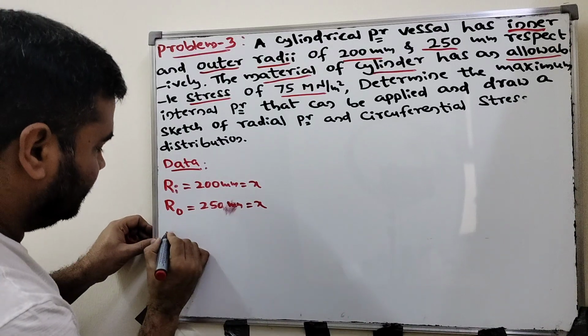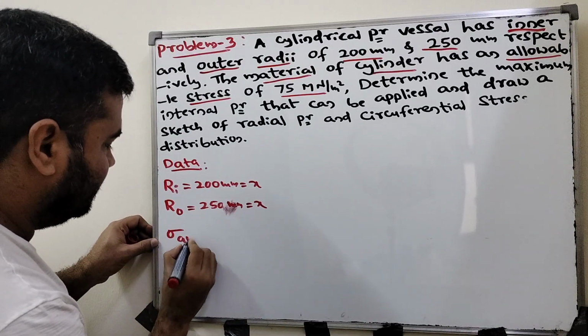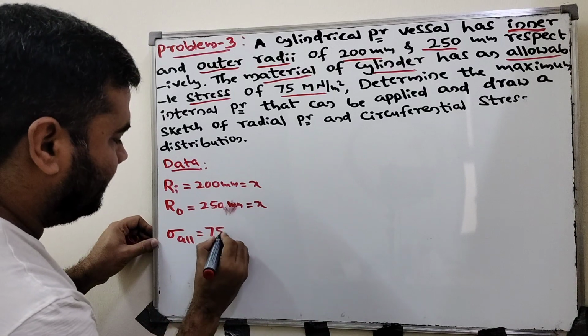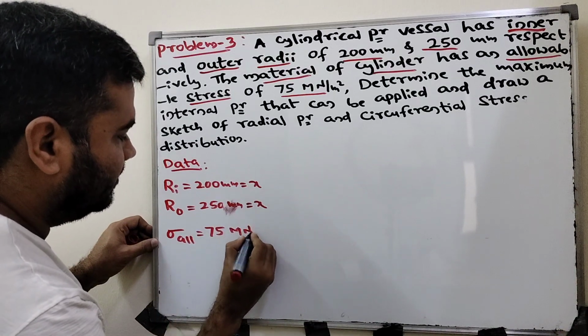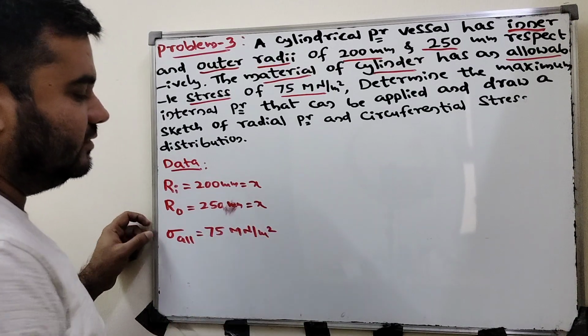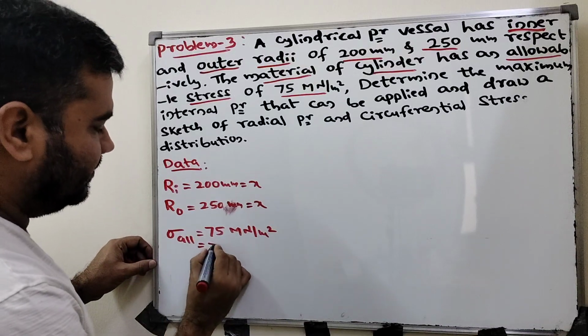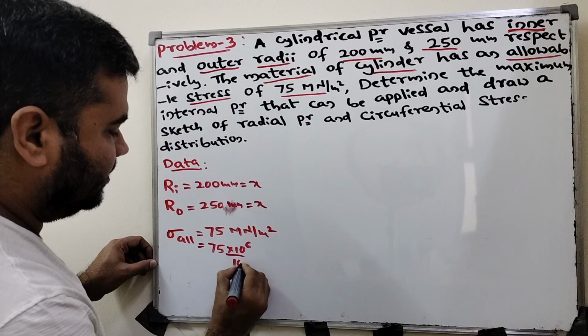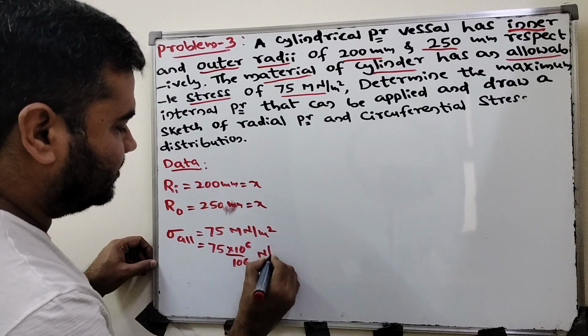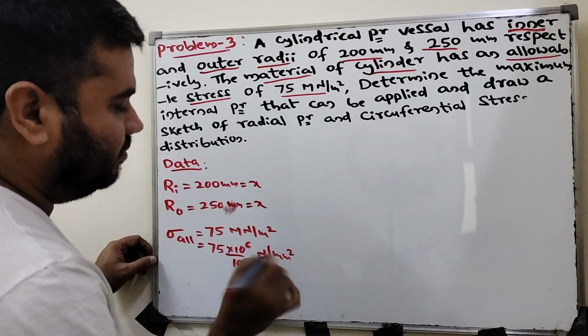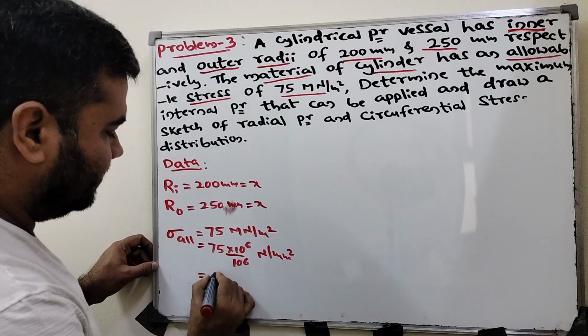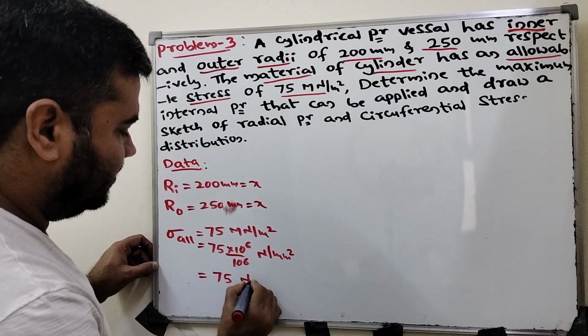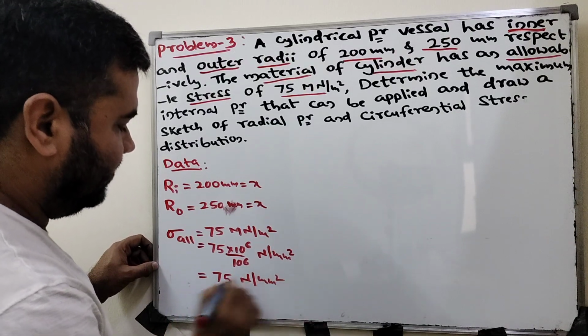That is, allowable stress equal to 75 meganewton per meter square. Convert this into mm square. That will be equal to 75 into 10 raised to 6 divided by 10 raised to 6 Newton per mm square, right? This is nothing but MPa. This will be equal to 75 Newton per mm square or MPa, both are the same.